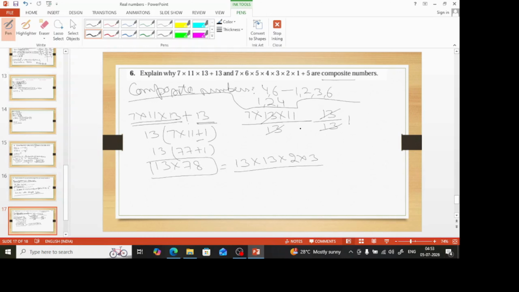So this has more than 2 factors. So we can say 1, 2, 3, 4 and of course 1 also. It has 5 factors. So we can say this is a composite number. Okay. Now let's go to the second part.